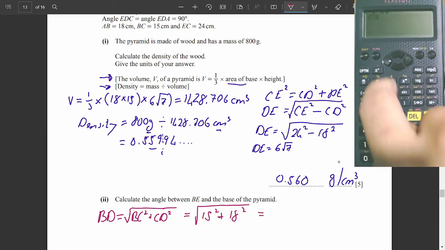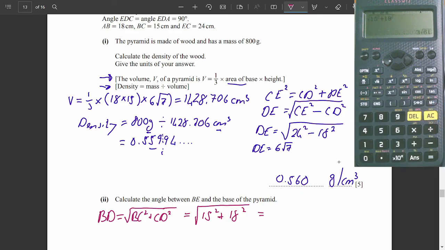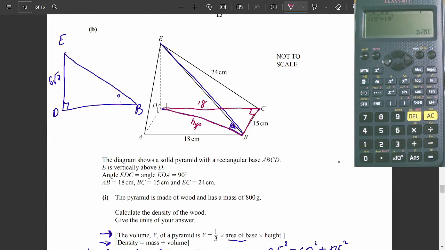The square root of 15 squared plus 18 squared. Okay, again, let's leave our answer in surd form because that is more accurate. So going back up here, we now have that hypotenuse that was 3 square root 61. And of course, that hypotenuse now, or the diagonal of that rectangle, is also the base of our triangle there.